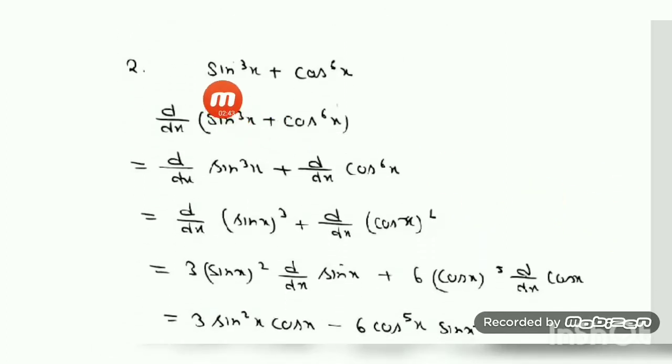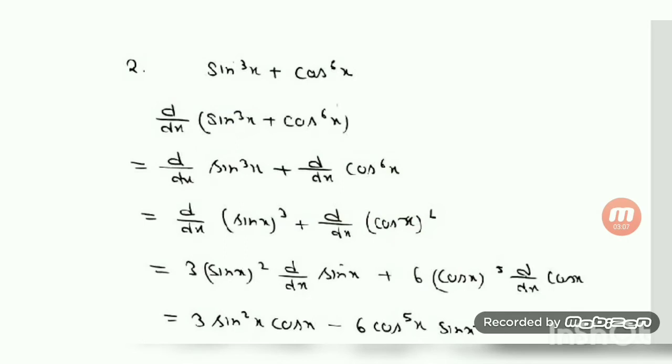Your question number 2 is sin cube x plus cos to the power 6x. You have to take d/dx of this expression. Here also you see the power is a constant, but the sum rule you have to use. First use the sum rule, that is d/dx of sin cube x plus d/dx of cos to the power 6x. We can separate it.